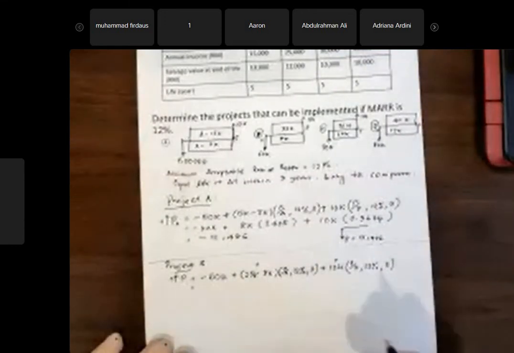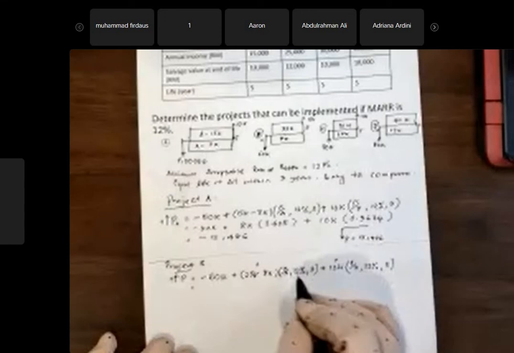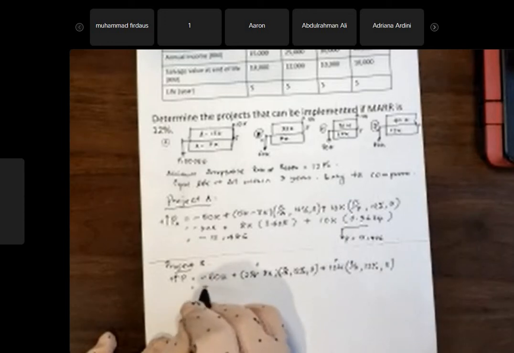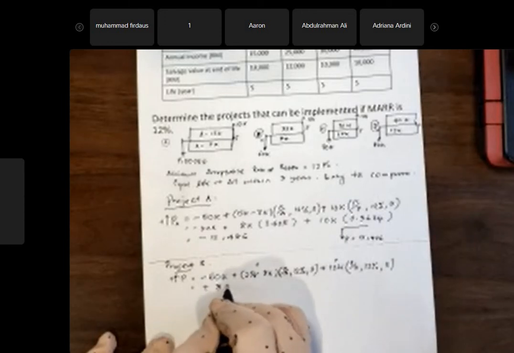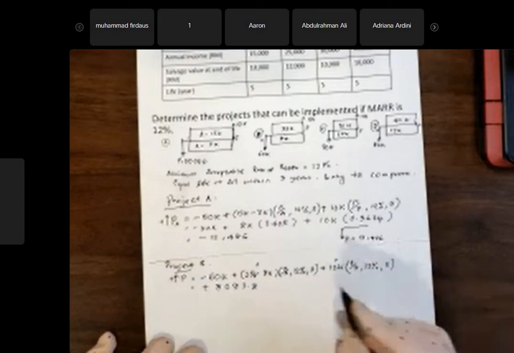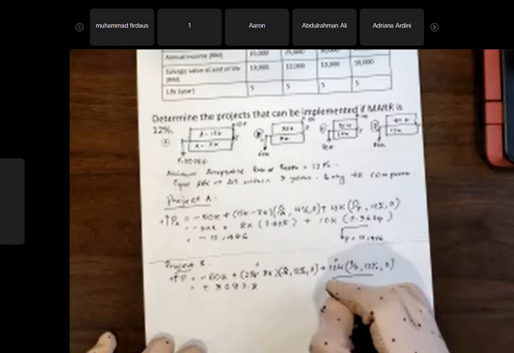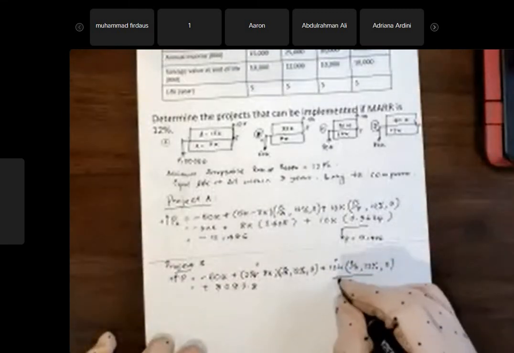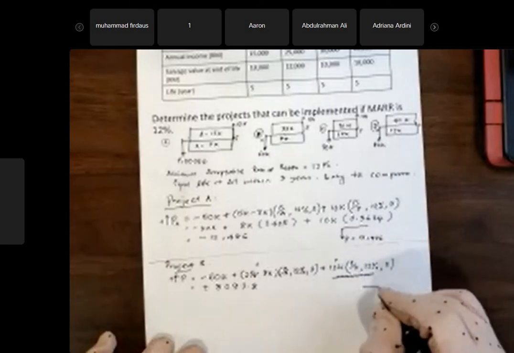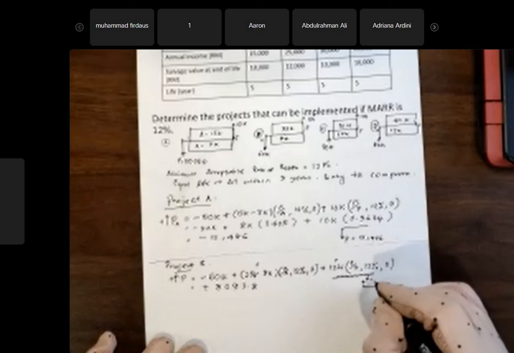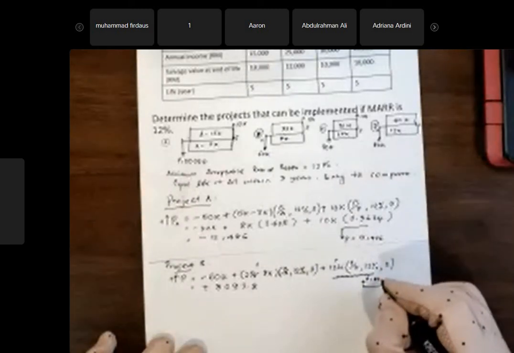When you calculate this using the table, the answer is plus 809.3. So P is positive 809.